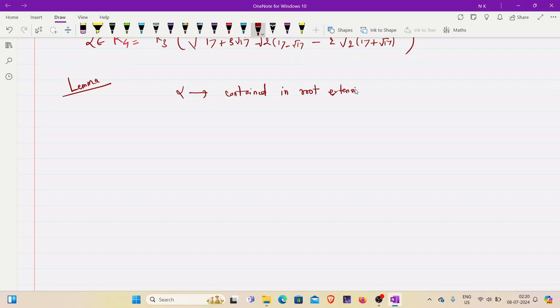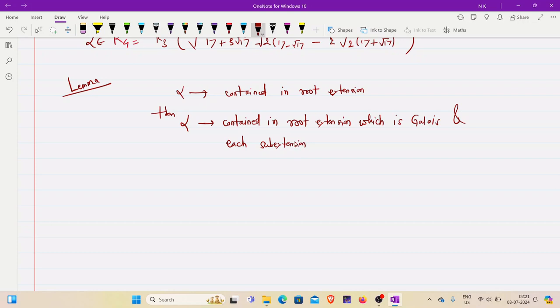Because definitely if you are finding a root extension, then we will have a sequence of fields, so each sub extension is cyclic. So let's go for a proof of this particular result.